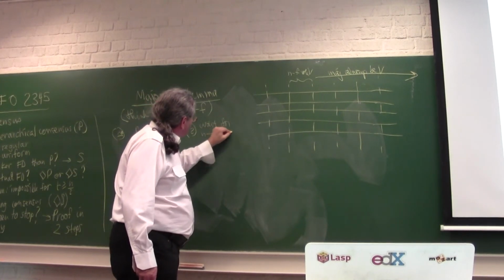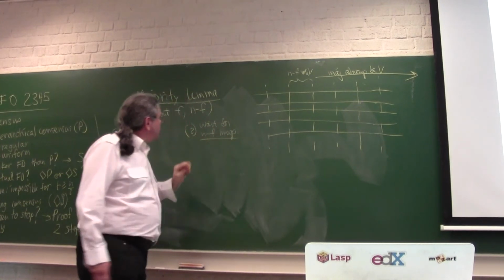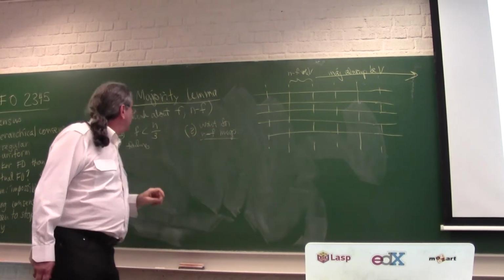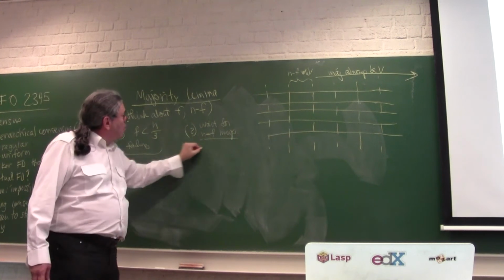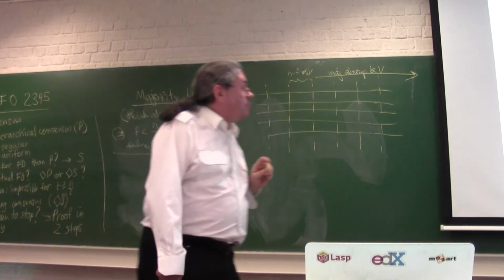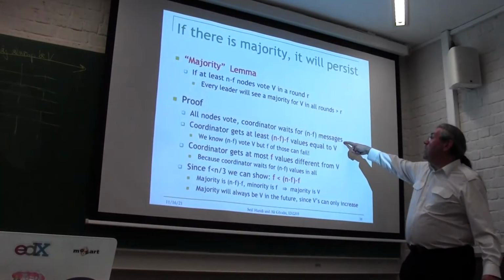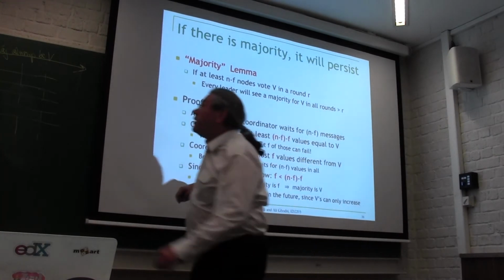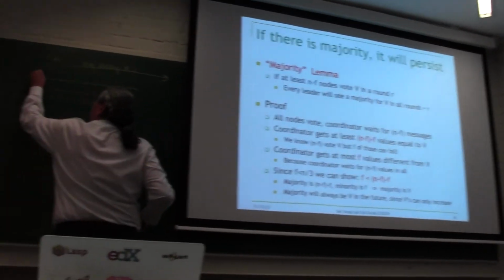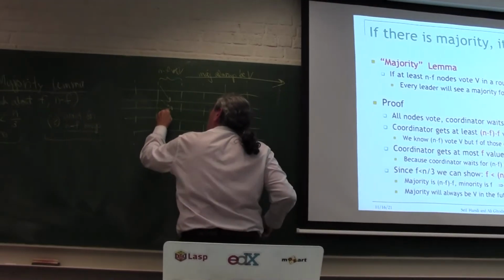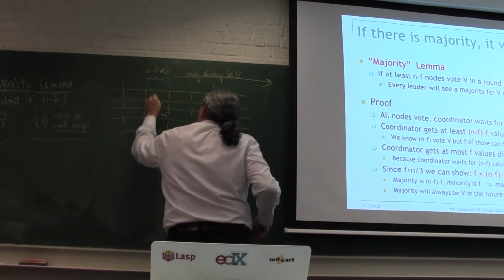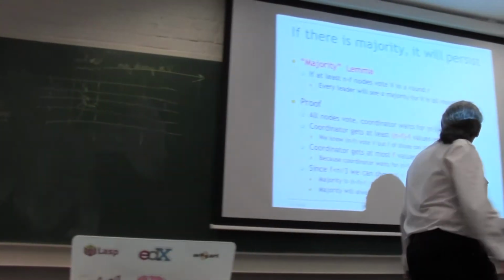The coordinators wait for n minus f messages, and they're looking for a majority in that. From these two, we can prove something. Here is the reasoning. All nodes vote. The coordinator waits for n minus f messages. Here's the coordinator, getting n minus f.